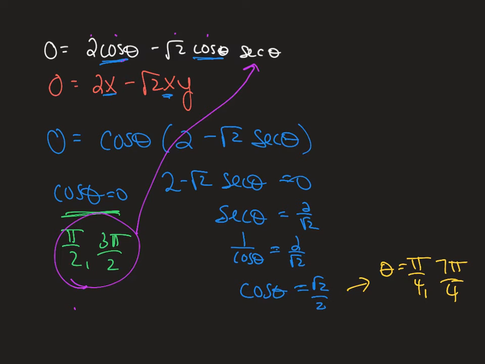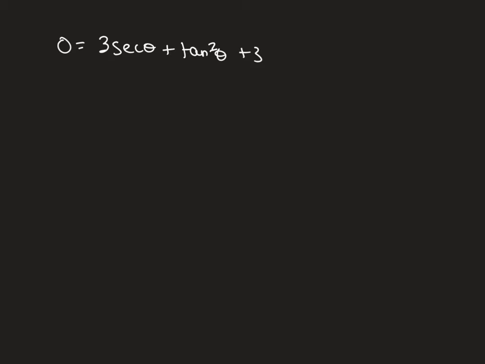But here, this is 1 over 0, right? Because if we let theta equal pi over 2 or theta equal 3 pi over 2, this is undefined. So these actually are not answers, you can't use them. So these are your only answers that you can use. Okay?